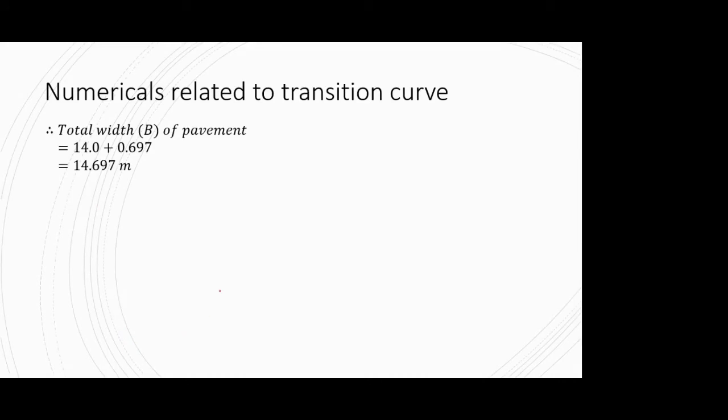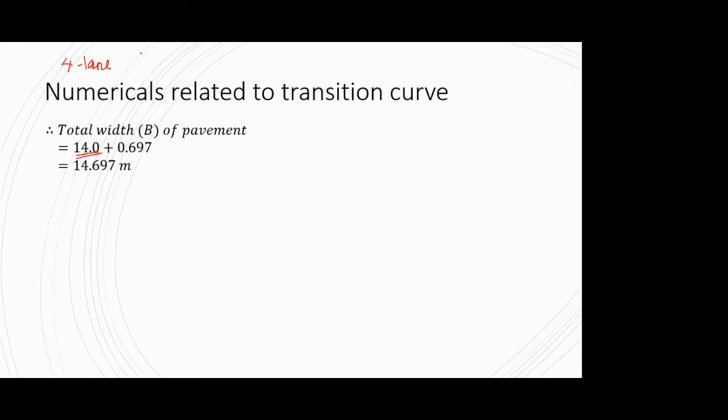So from that I can calculate the total width of my pavement. Now for total width, I need the initial width of the pavement. Initial width they have not given directly, so I have taken 14 meters. This 14 meter came from the information that it's a 4-lane highway.